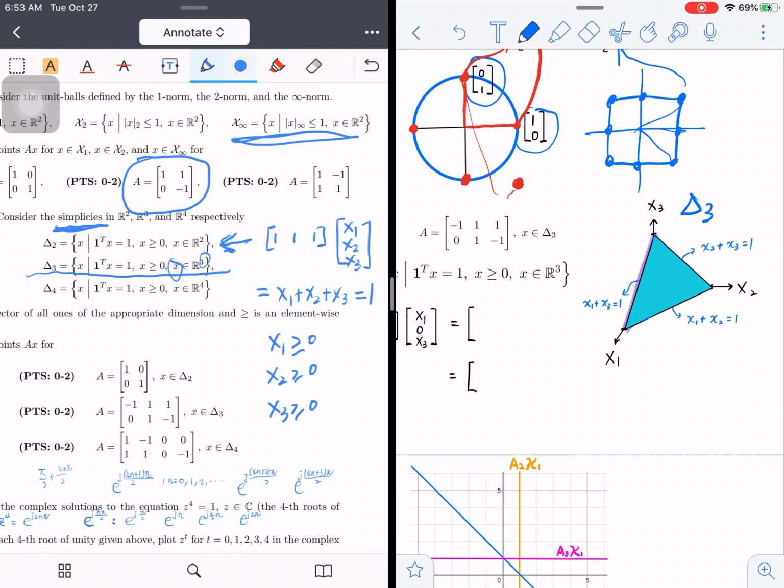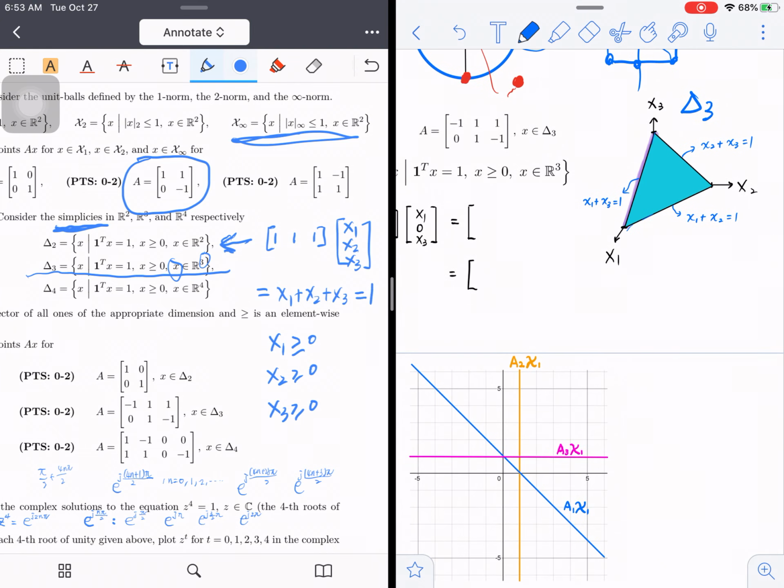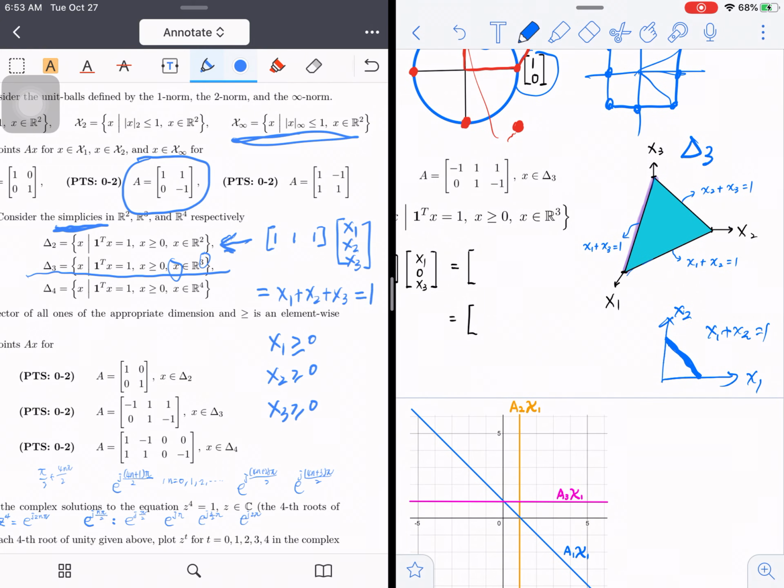So how to see this? Well, the easiest way is that for 2 dimensions, you know that this is x1 plus x2 equal 1. If this is x1, this is x2, this is equal 1. This is for a 2-dimension, so this is a line.